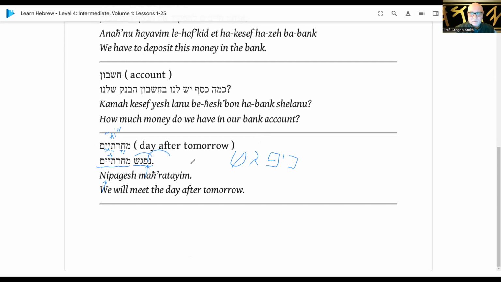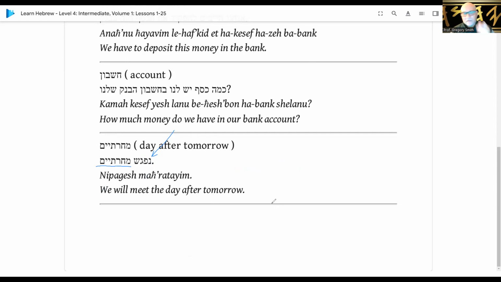Okay, so we will meet has to do with "we will meet." That noon is taken from anachnu. I remember I've talked a little bit about signal letters. The noon is a signal letter. It's taken from anachnu, we. Pagash is meeting. We will meet. And then Mahoratayim is the day after tomorrow.